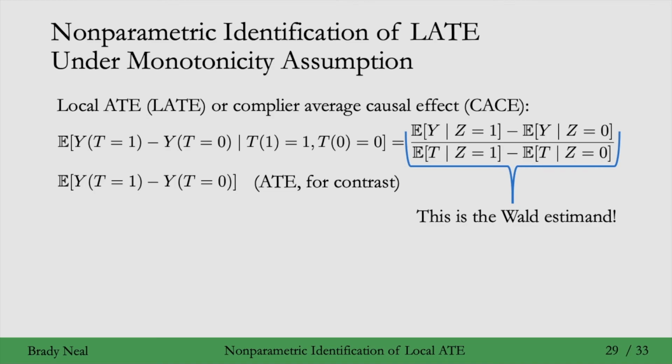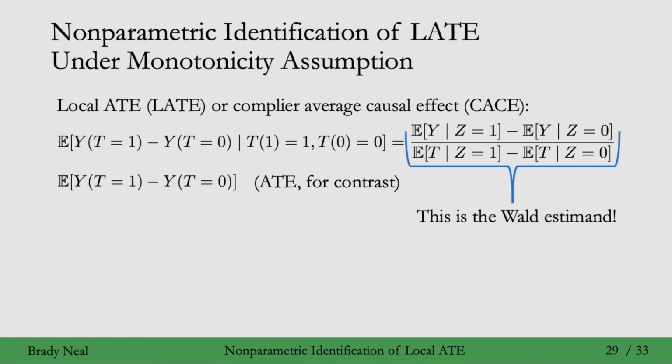This is the thing we derived in the really simple warm-up in the beginning, where we were in the binary z and t linear setting. But here we derived it in a completely non-parametric setting. There was no linear or homogeneity assumption. The difference is that when we made that linearity or homogeneity parametric assumption, we were able to identify the average treatment effect.